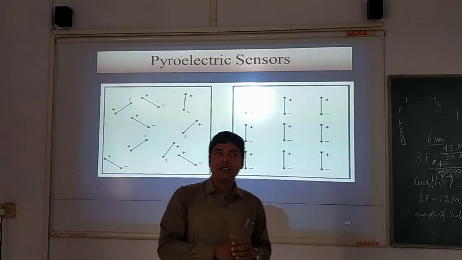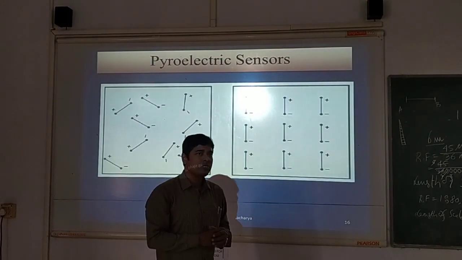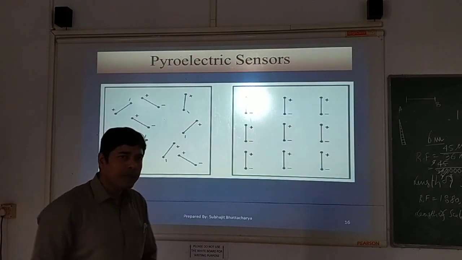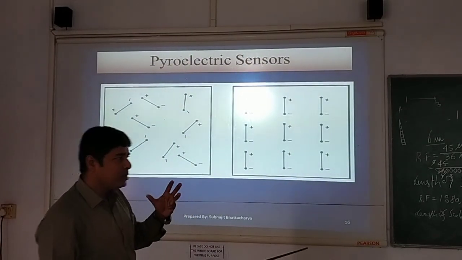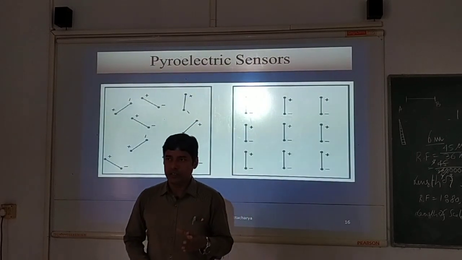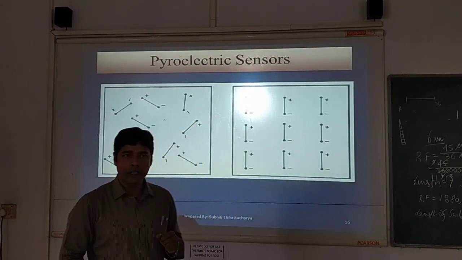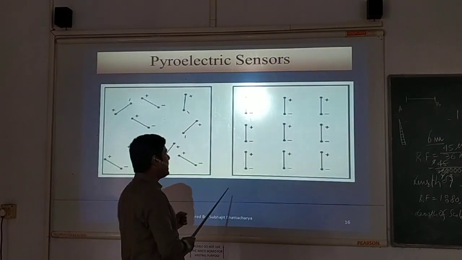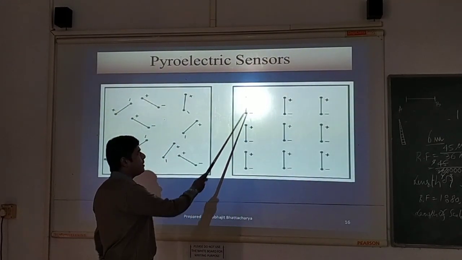In the same manner, there are some dielectric materials which are ferroelectric. You know, in most of the dielectric materials, the molecules are dipole, polar molecules. That is, they have some electric dipole moment. Whenever some external electric field is applied, these dipoles try to align.